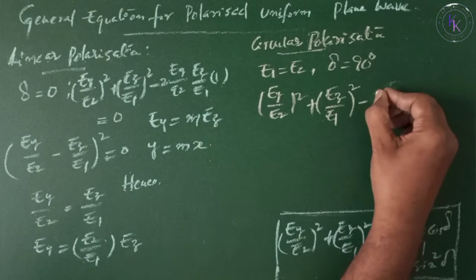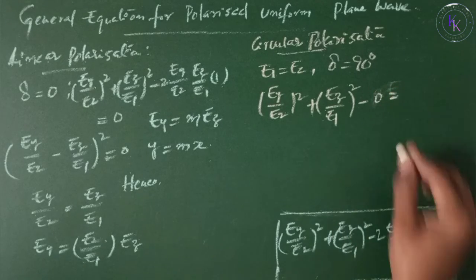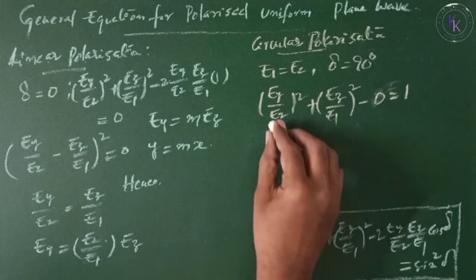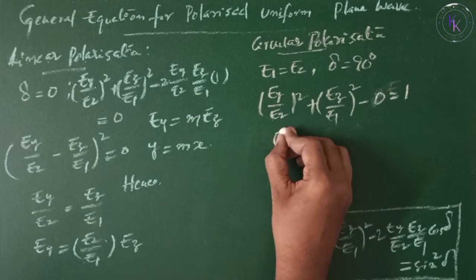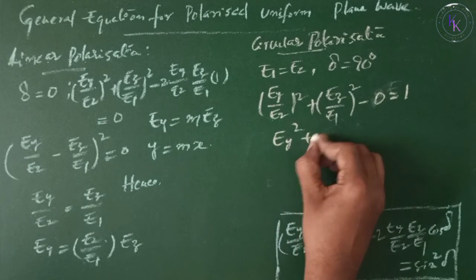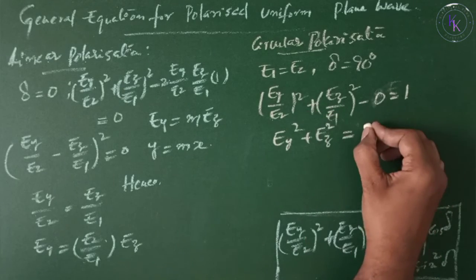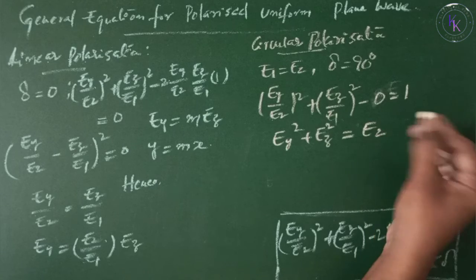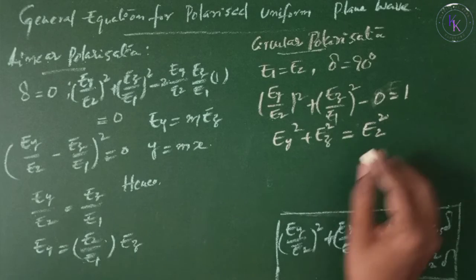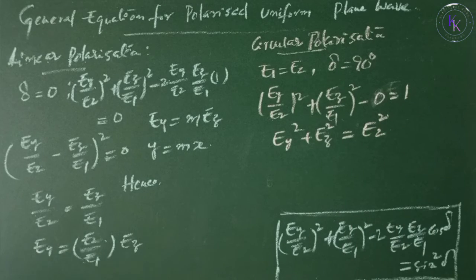So this term will be 0, and the sine term is 1. In this equation E1 and E2 are equal, so you can write Ey square plus Ez square equals 1 times E1 or E2, whatever it is, let it be E2 square. This equation represents the equation of a circle. Hence the general equation can represent a circularly polarized wave.